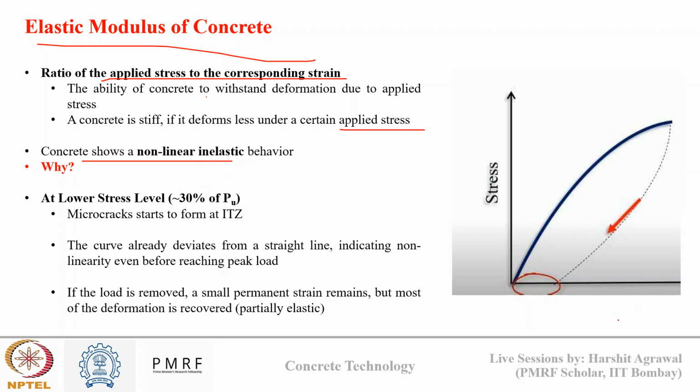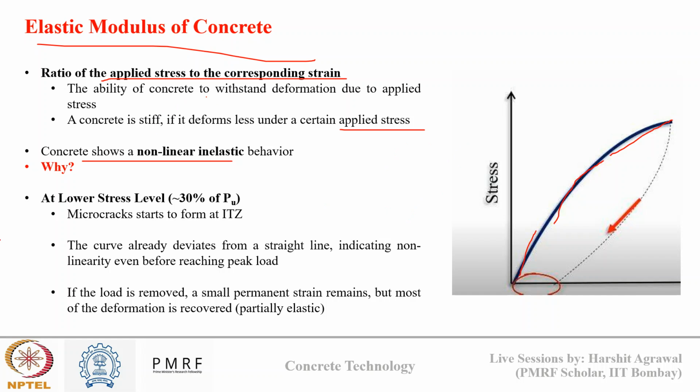Like if you see in the figure, the rate of increase of strain is low at the initial stress level, and slowly as the stress increases, the strain rate also increases. So this is a non-linear behavior. And inelastic means that if the applied stress is removed, then concrete won't regain its original shape back, it will retain some deformation. That defines inelastic behavior.